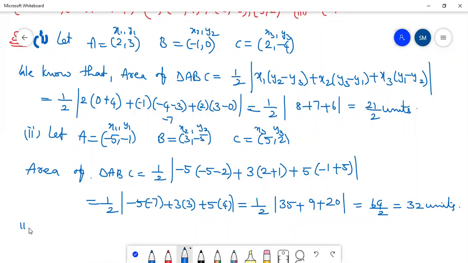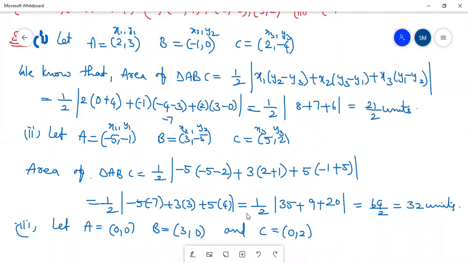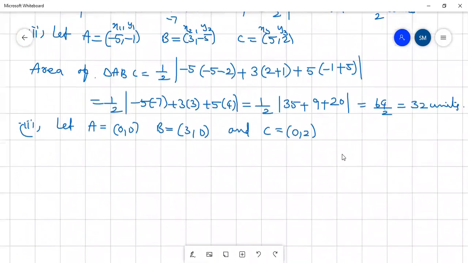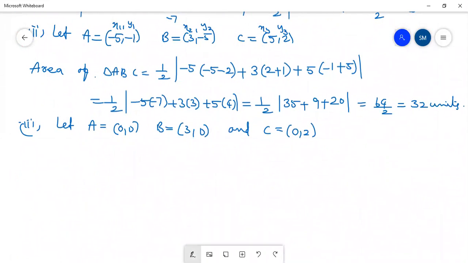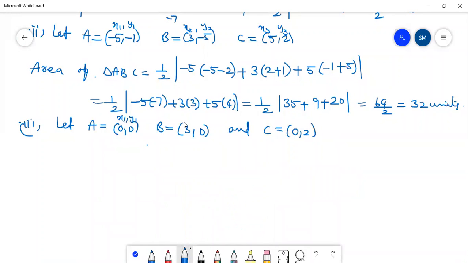Third one: let A equal 0 comma 0, B equal 3 comma 0, and C equal 0 comma 2. Here it is x1, y1, x2, y2, x3, y3.